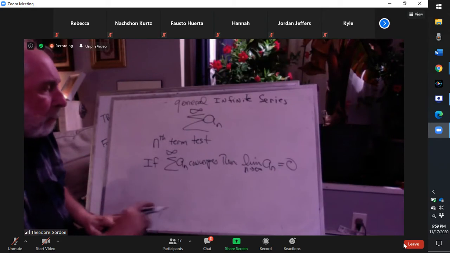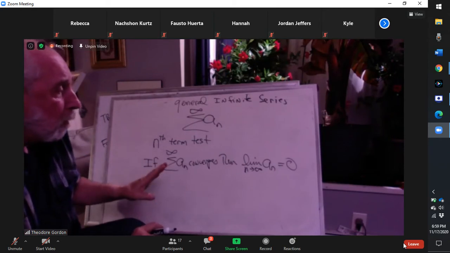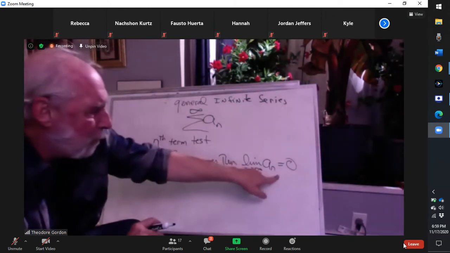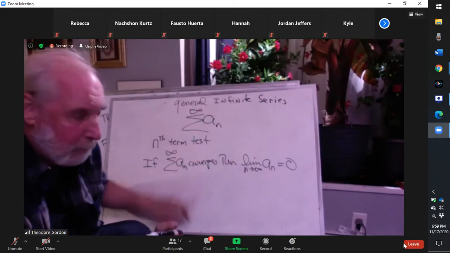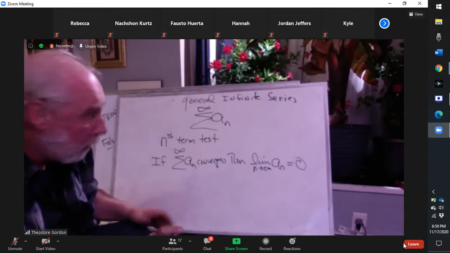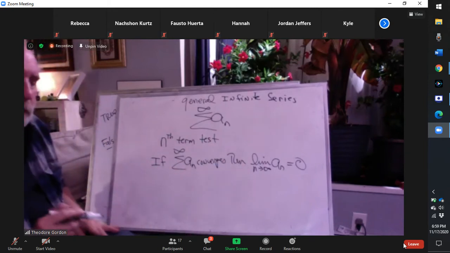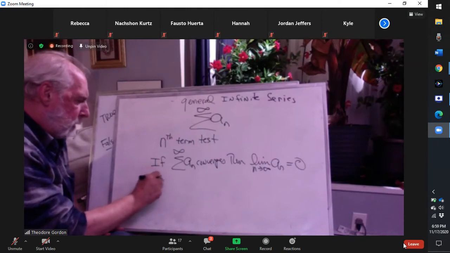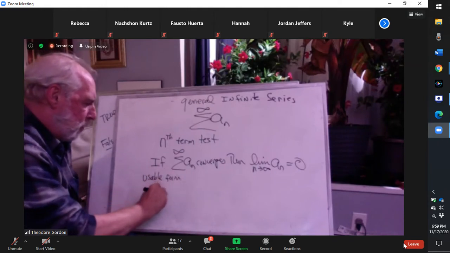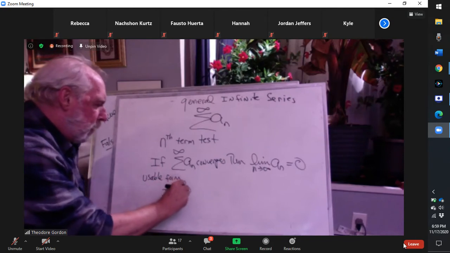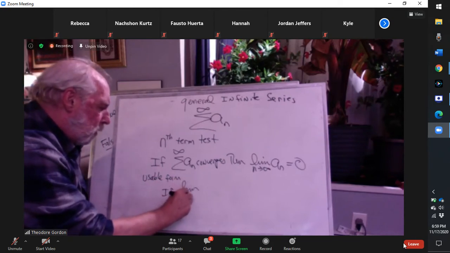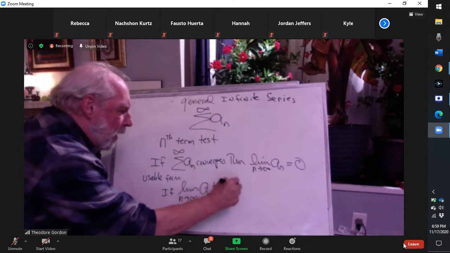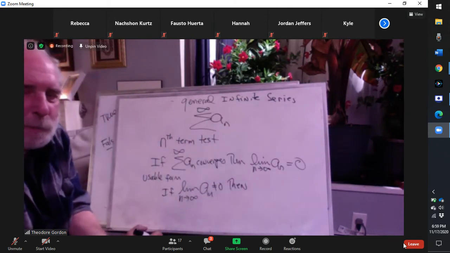So we can't just reverse this. We can't say if the nth term goes to 0, it converges. We can't say that. That's like saying every mammal is a dog. Maybe, but maybe not. So how we use the test is we put it into this usable form: if the limit is not 0, then finish that sentence for me.